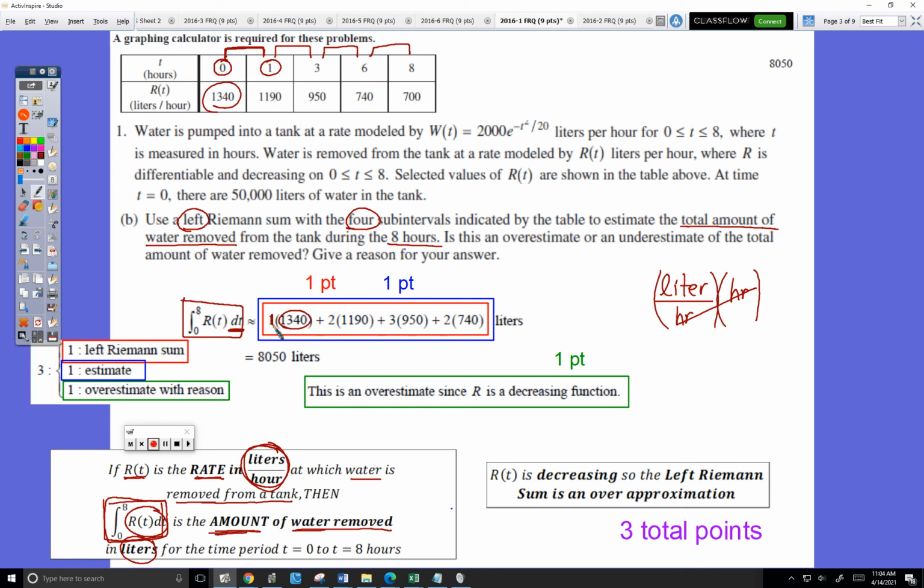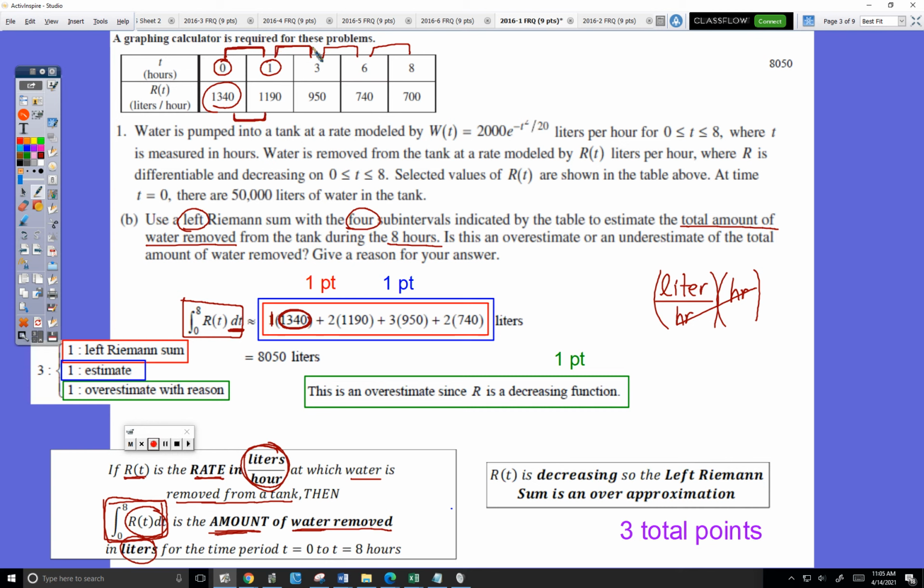That's where we're making the assumption that for that entire hour, we were losing 1340 gallons per hour. So that multiplied by 1 tells us that we would have lost 1,340 gallons during that hour. That's how much water would have been removed. That's not really what happened, of course, because the rate actually changes within the hour, but that's our left Riemann estimate. Then we go to the next subinterval.